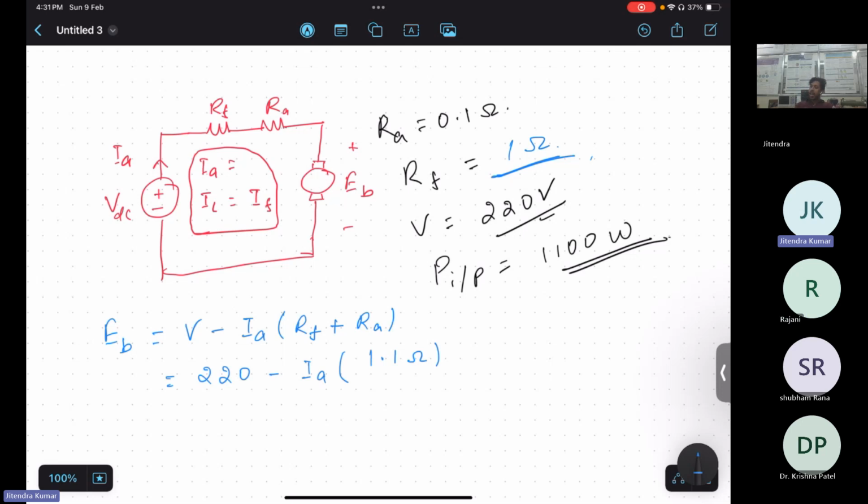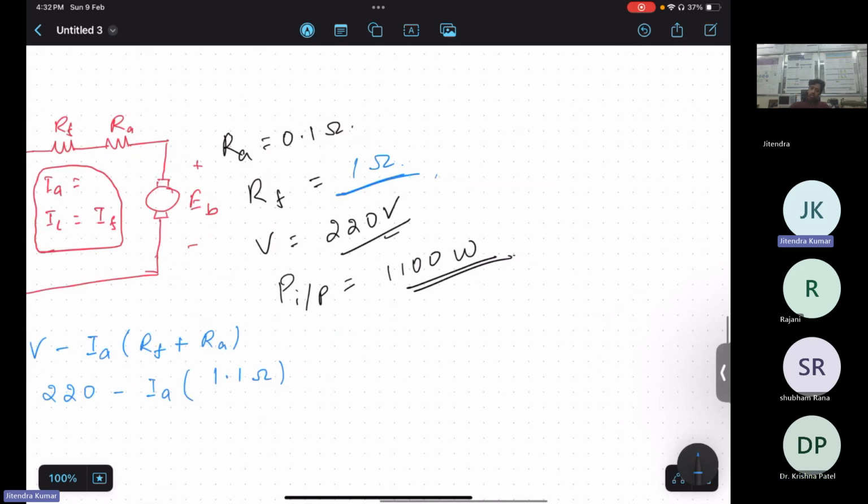So whatever power has to reach the output is dissipated as field losses. So that is not desirable. And a very low value of RF is also not desirable. It should not be lesser than the critical value, just to ensure sufficient flux in the machine.